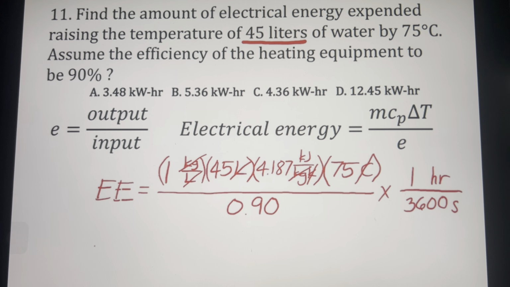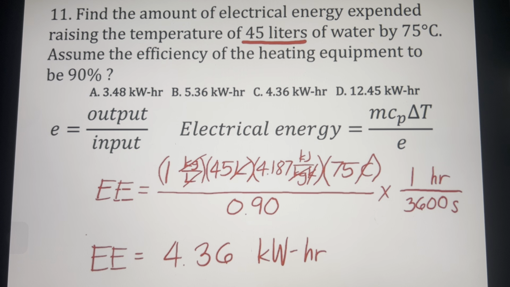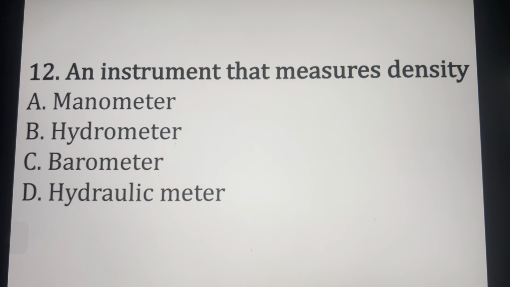That would be kilowatt hour. What is our electrical energy? So what is our required kilowatt hour of energy? That is equivalent to 4.36 kilowatt hour. Instrument that measures density, that is hydrometer.